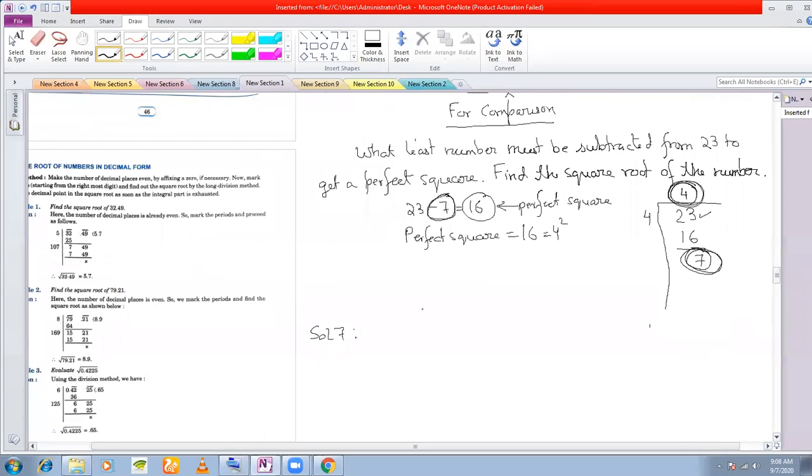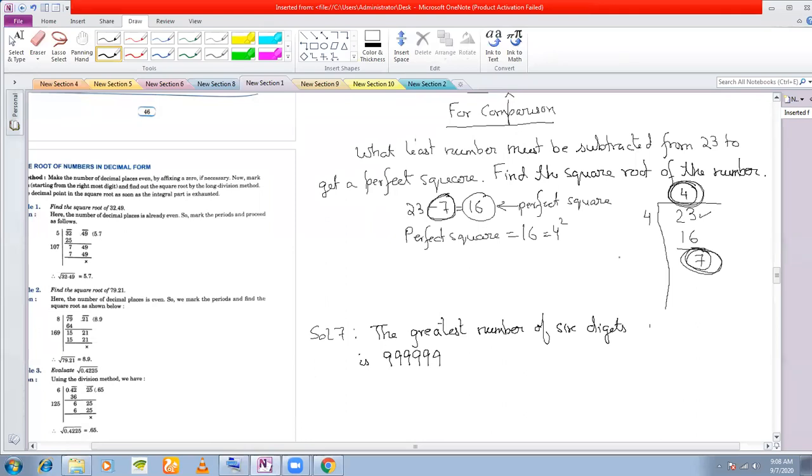The greatest number of 6 digits is 999,999. Now what least number must be subtracted?